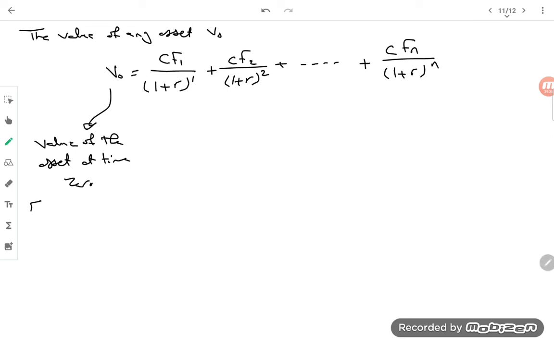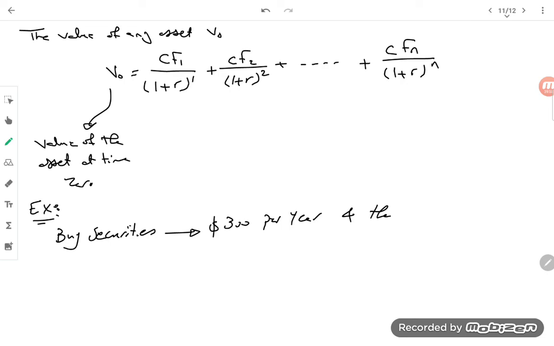So once again, you are going to buy securities that will yield $300 per year, and the discount rate is 12%.